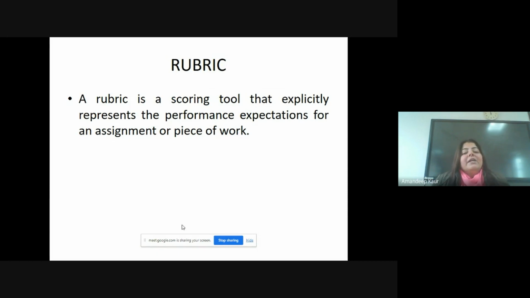As a faculty, we all give written assignments to our students. The performance expectation of me as a faculty for a written assignment may be different, but my faculty colleague may have a different kind of performance expectation. My third faculty in the department may have a different viewpoint or a different kind of performance expectation.